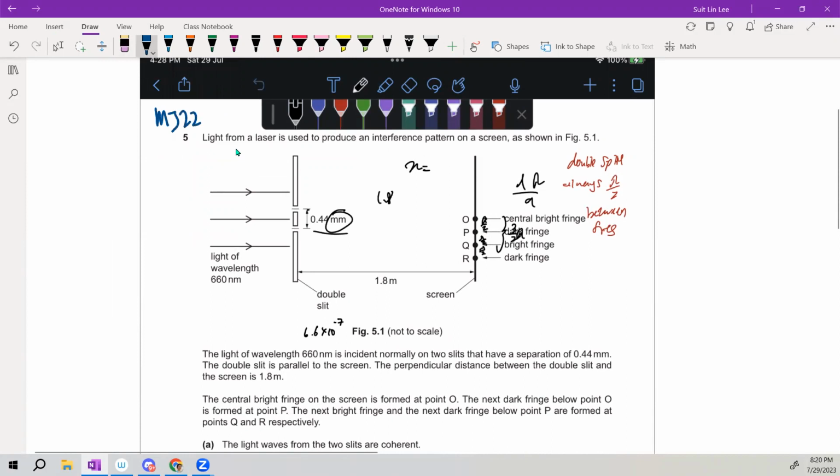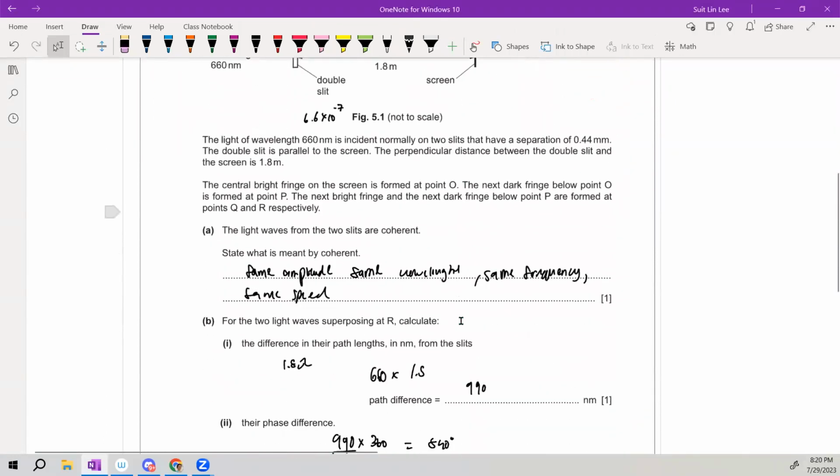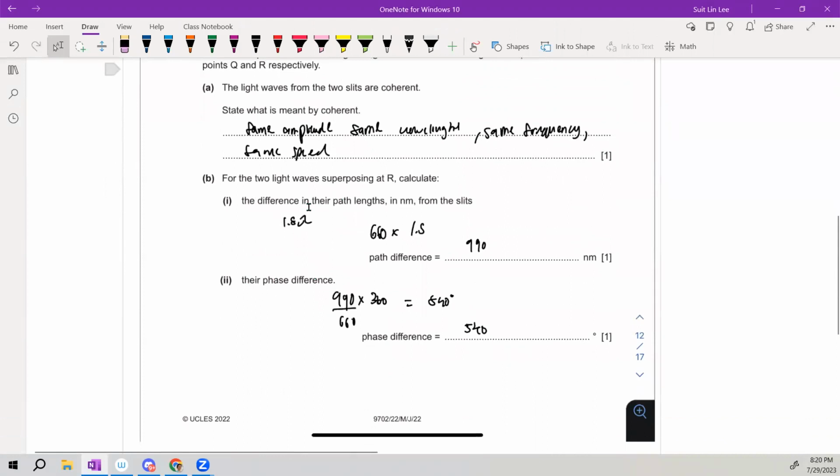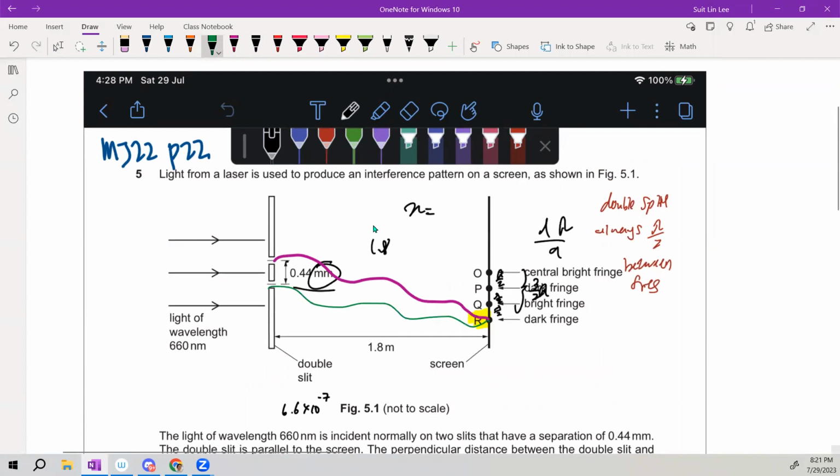In this question, you are asked to find the phase difference and the path difference for the two waves superposing at R. At point R, the light wave will travel from here and reach R, and then the other side will travel from here and reach R. So they're basically asking you what's the path difference.